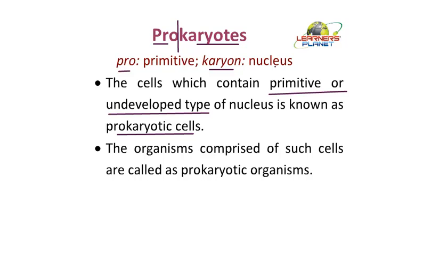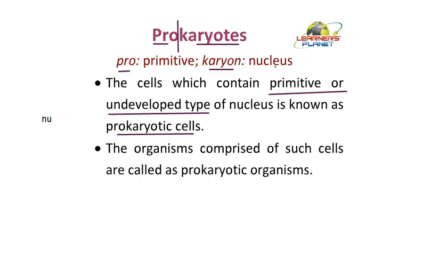In such cells, the nuclear material is found in a particular region and consists of chromatin material, or we can call it a chromosome. Those chromosomes are definitely present, but they are not separated from the cytoplasm. Such a nucleus, in which the nuclear membrane and other things are absent and which is only comprised of chromosomes in a particular region, is known as a nucleoid.